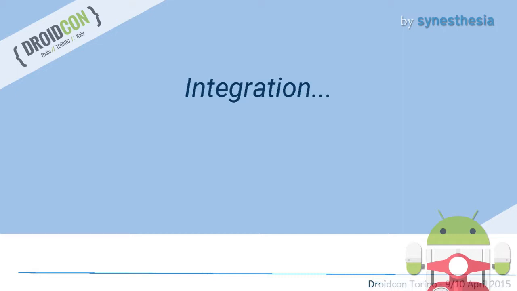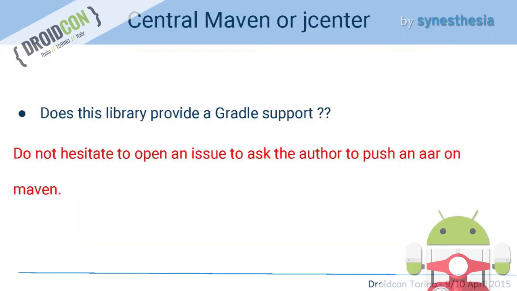Integration. What does it mean? Today, a library must have a Gradle support. As you know, Android switches to Android Studio, and Android Studio is based on Gradle, a build system.